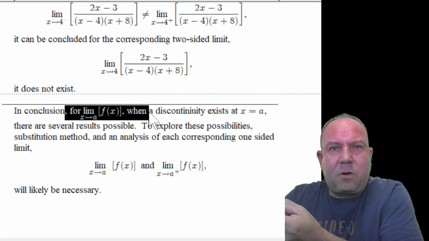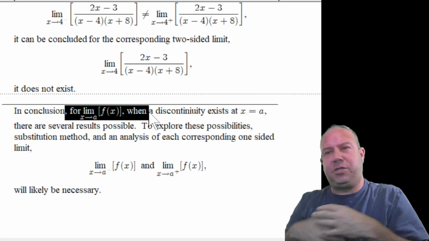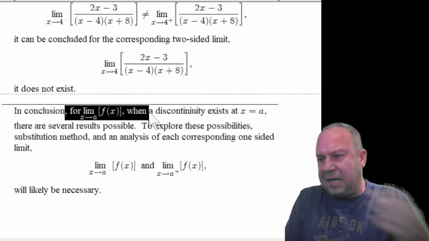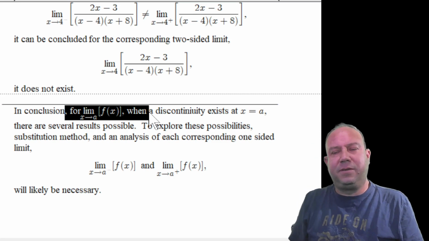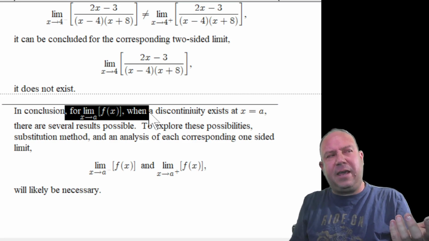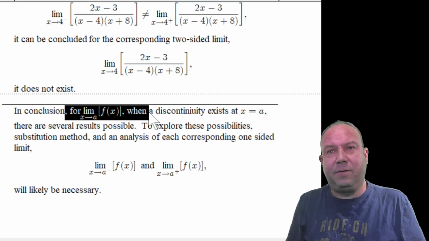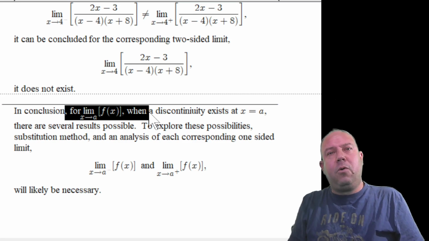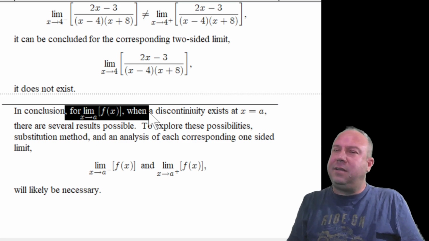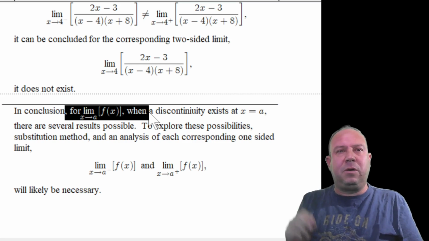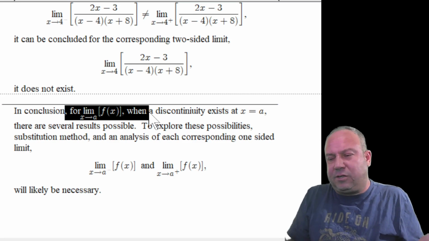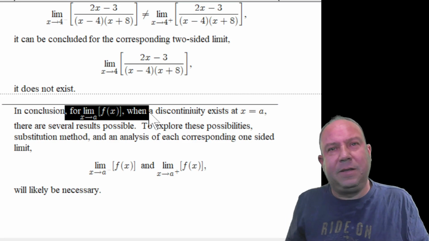We can go down the road of infinite limits, which involves analyzing left and right-hand side approaches, just like you would in a piecewise defined case, where you were looking at a limit where you had a boundary of potential discontinuity. You would just look at the left and the right-hand side limit.